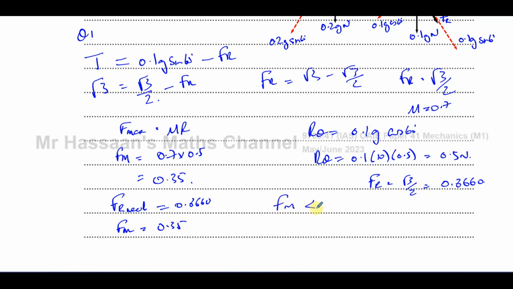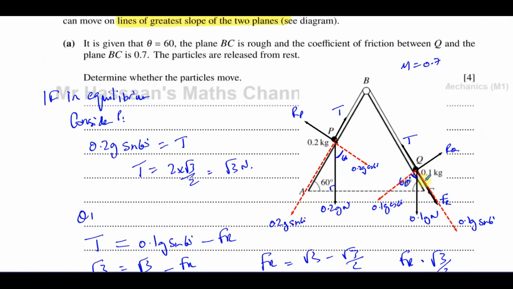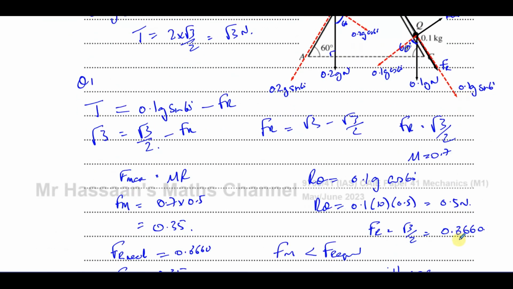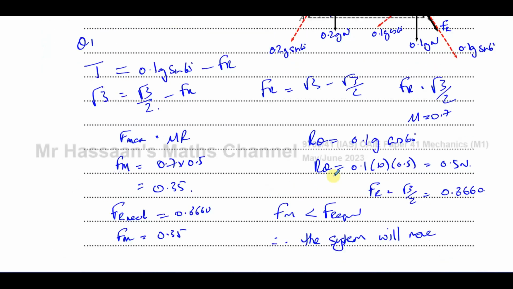So F max is less than the friction required. Therefore, the system will move. The particles are going to move because the maximum amount of friction that can be generated is less than what's required. F max is 0.35, and we need a frictional force of 0.8660 to stop it from moving. So that is one way of answering this question.